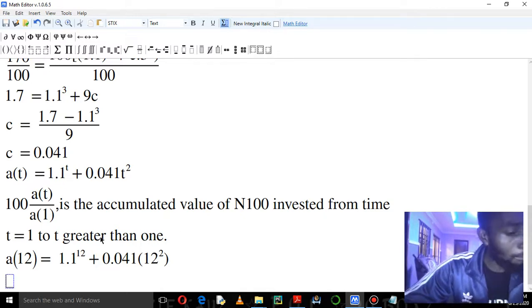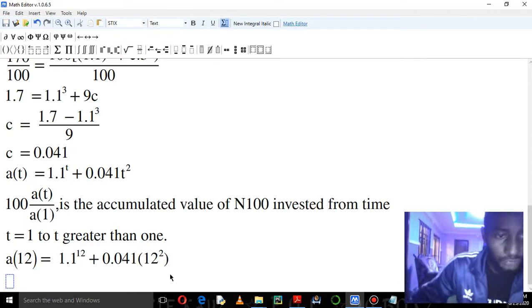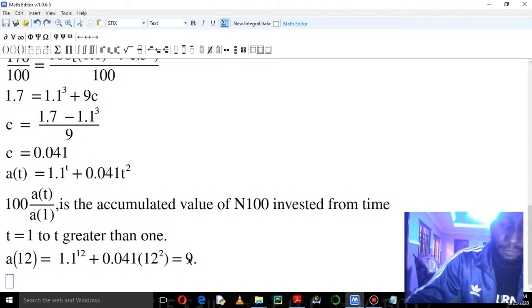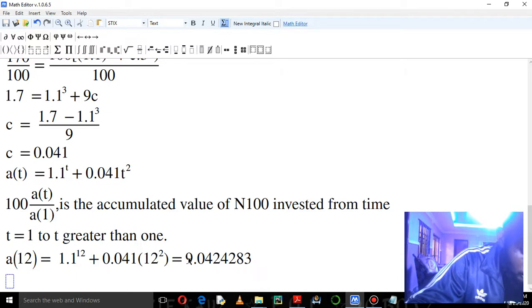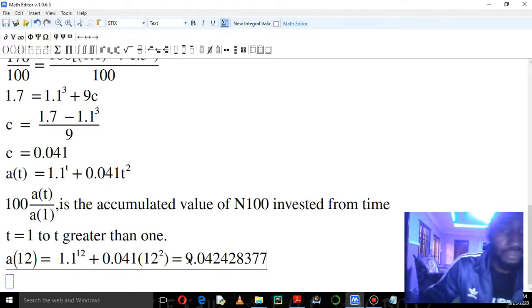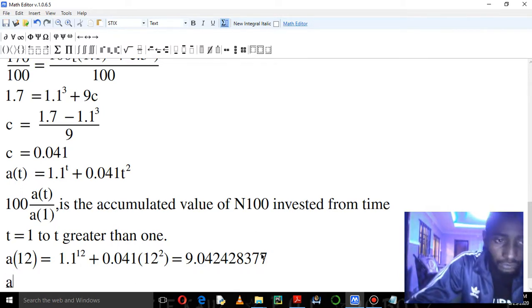This will give us 9.042428377. So we need to calculate a of 1 also.